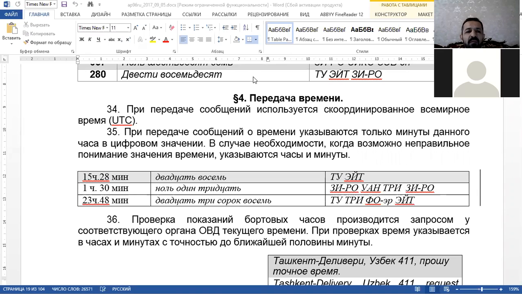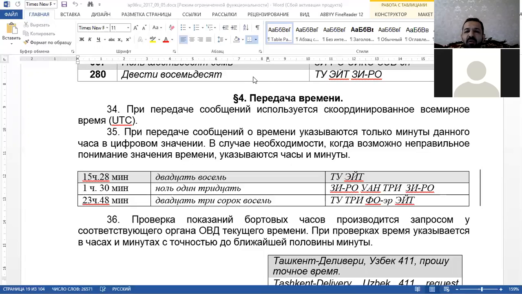But if the time is 1 hour 30 minutes, it should be transmitted as 0130. Time is 0130, or just 30. Estimating Bukhara is 30. Time 2348.